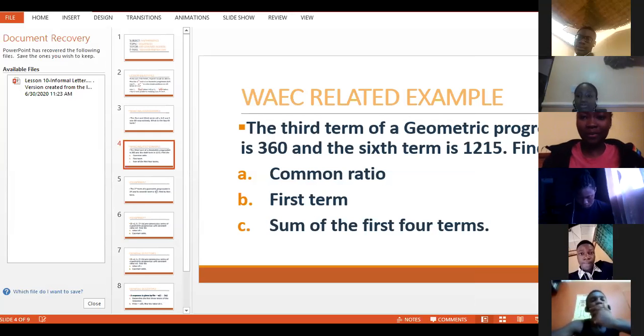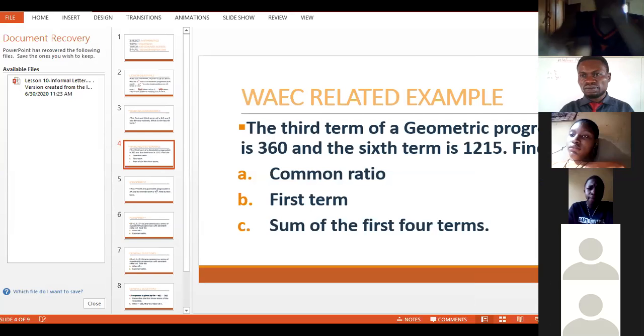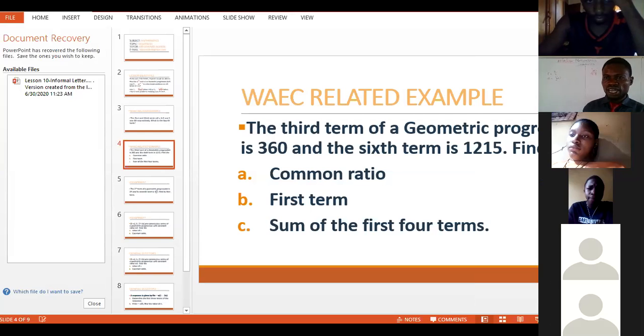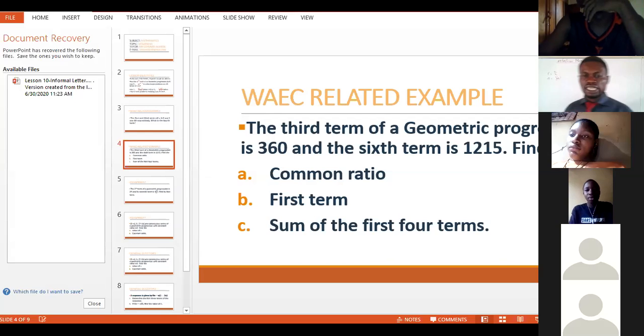Let's continue from here. So now quickly we're going to find the sum of the first 4 terms of the sequence of the GP. We're going to the C part of the question. So how do we go about that?